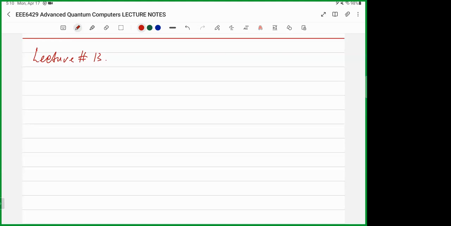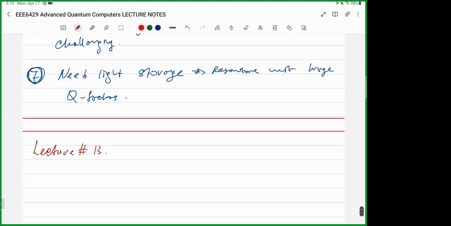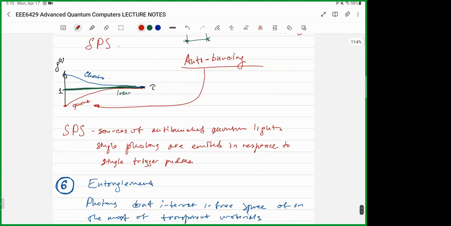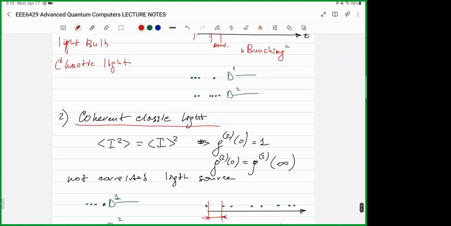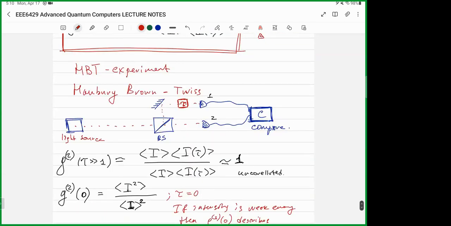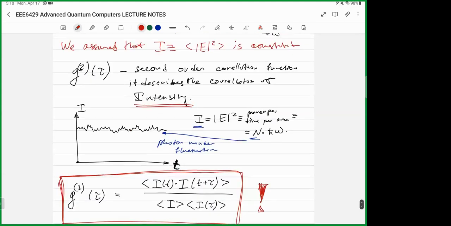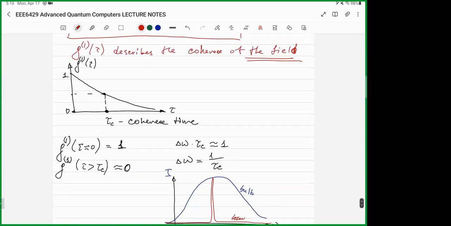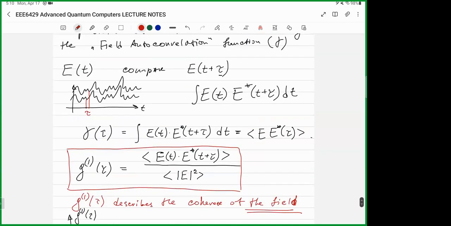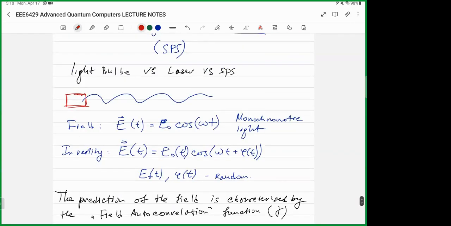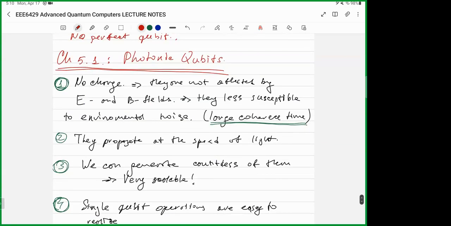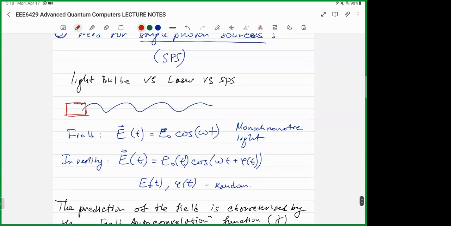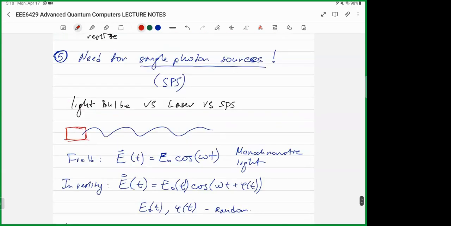Last time we discussed the concept of a photon as a qubit for quantum communications and quantum cryptography, and what we expect from a qubit like a photon.